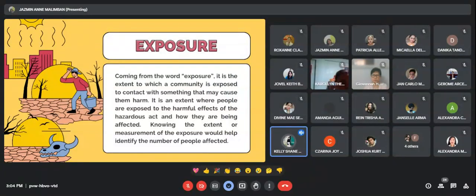So dito, naapektuhan na nila, for example, meron ng gas leak or chemical exposure sa kanila. So they are being exposed to that chemical and gas, so that could lead to serious injury and harm na nagba-vary based dun sa naging exposure and how they are being affected nga po. So next slide.